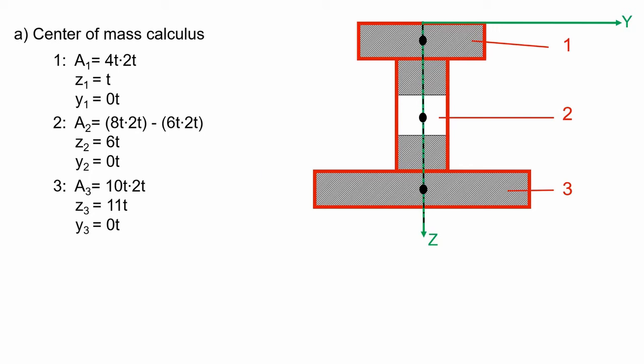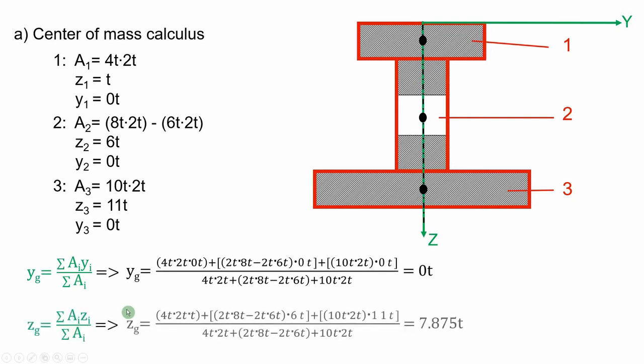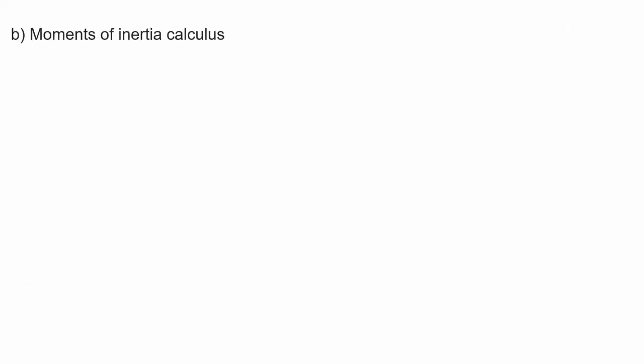Now we can calculate the z sub g and the y sub g for the entire cross section using the following formulas. After finding out the values of z sub g and y sub g, the centers of mass calculus is done. Next, we will calculate the moments of inertia, named I, relative to y and z axis.